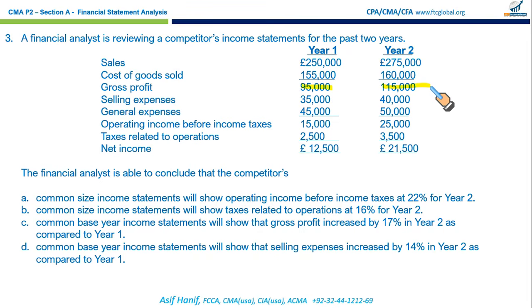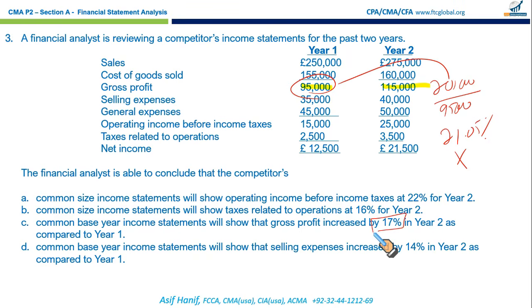There is an increase, of course, certainly 20,000. This 20,000 increase in gross profit is what percentage of the base year profit? If you calculate, it gives you 21.05. This is again not right. We are looking for 17%.